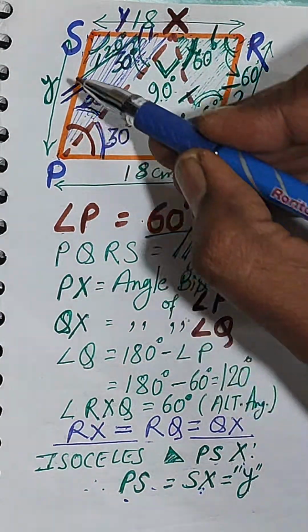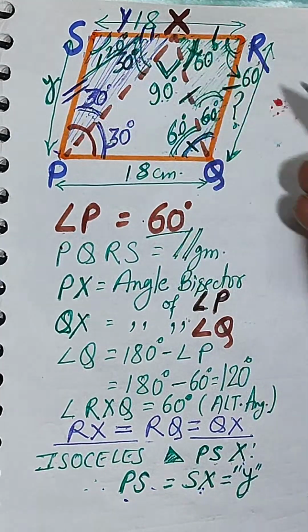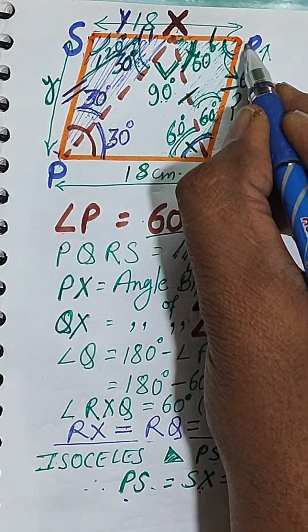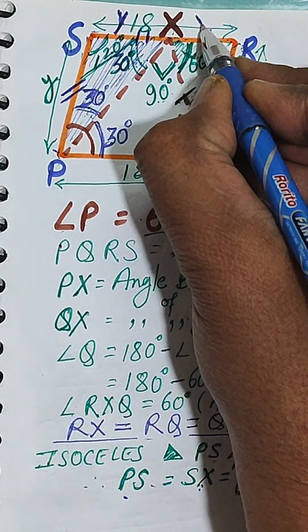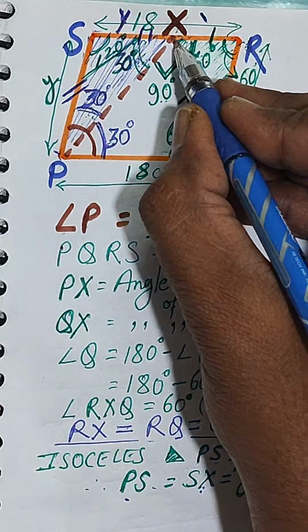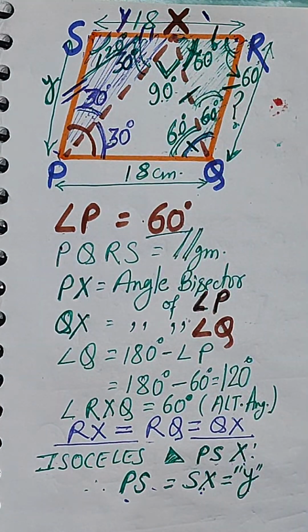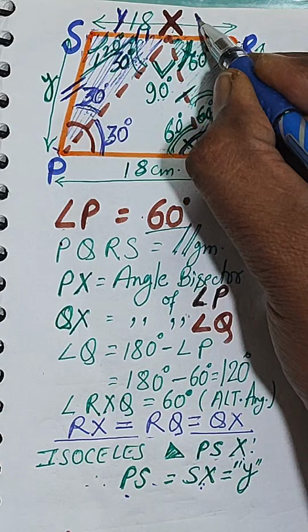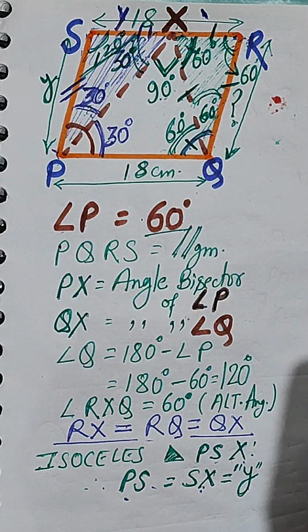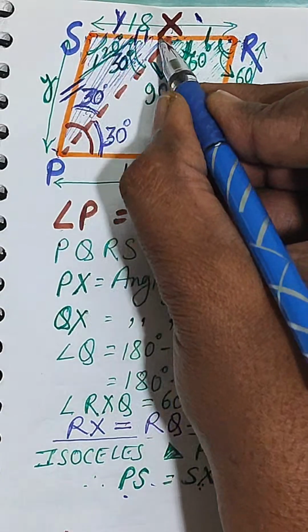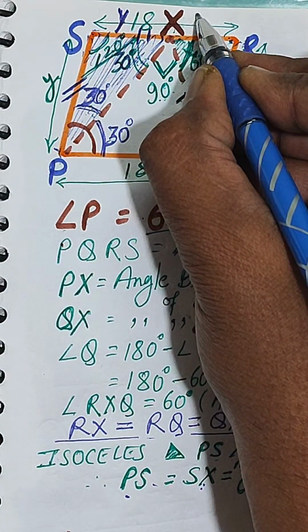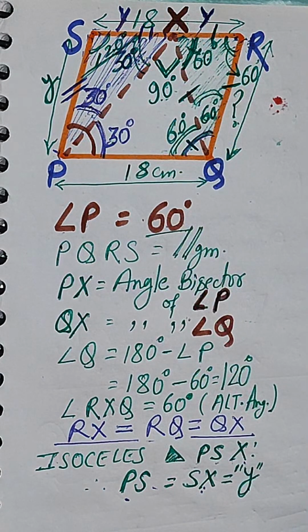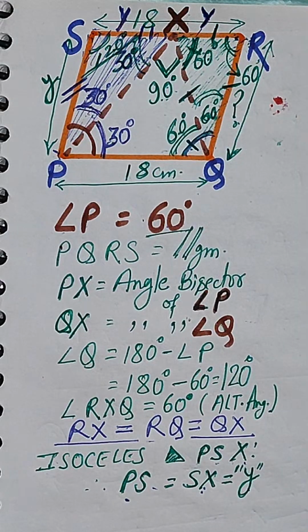So, if SP is Y, SX is Y, then definitely this XR is also equal to Y. If this is Y, then this will be equal to Y. Know how?